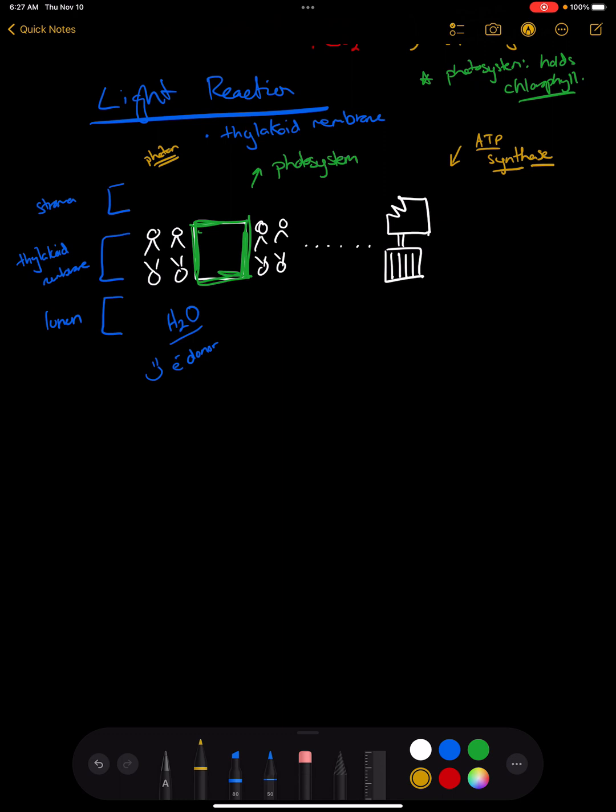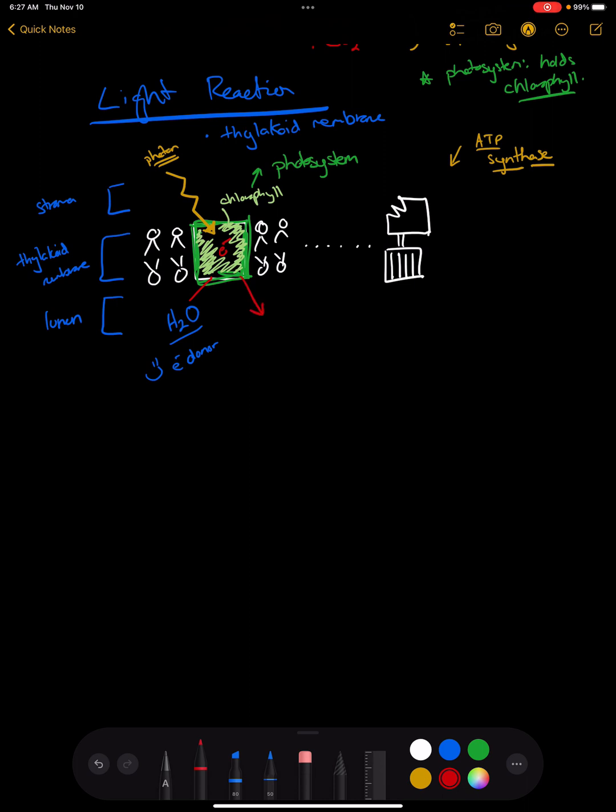So this package of light is going to come in and hit this photosystem. This photosystem is full of chlorophyll, okay? So here's my chlorophyll right here. And when the sunlight comes in and hits that chlorophyll, that's going to excite this chlorophyll, and when it gets excited, he's going to be able to take that water and get the electrons.